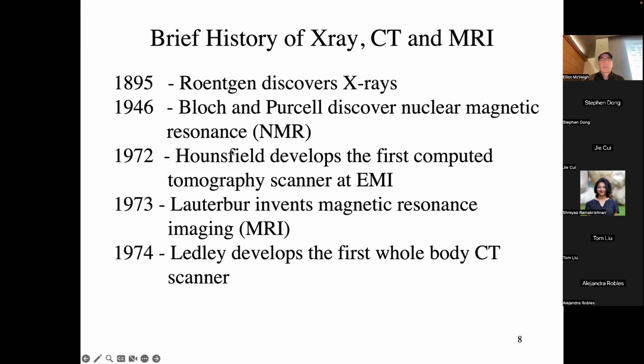Halfway through the 20th century, on two coasts, at Harvard and Stanford, Bloch and Purcell both discover that the proton will go through a transition. If you put it in a magnetic field, it will go through a transition between two energy states that's dependent on the magnetic field.